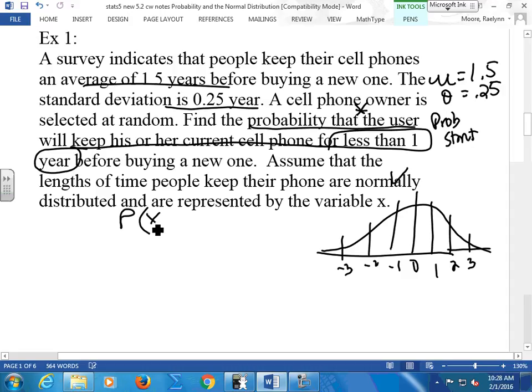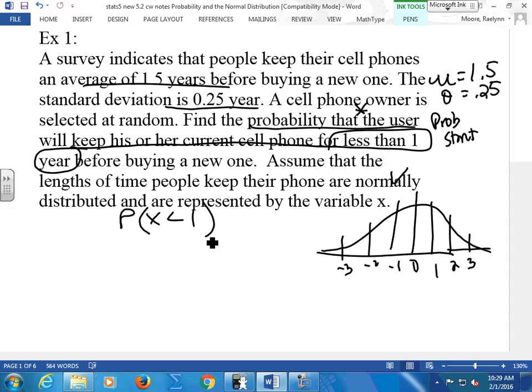X, my user, is less than 1. The X represents my users. So the probability that this person I selected at random held their phone for less than 1 year before they got rid of it, before they traded it in. This is my probability statement.